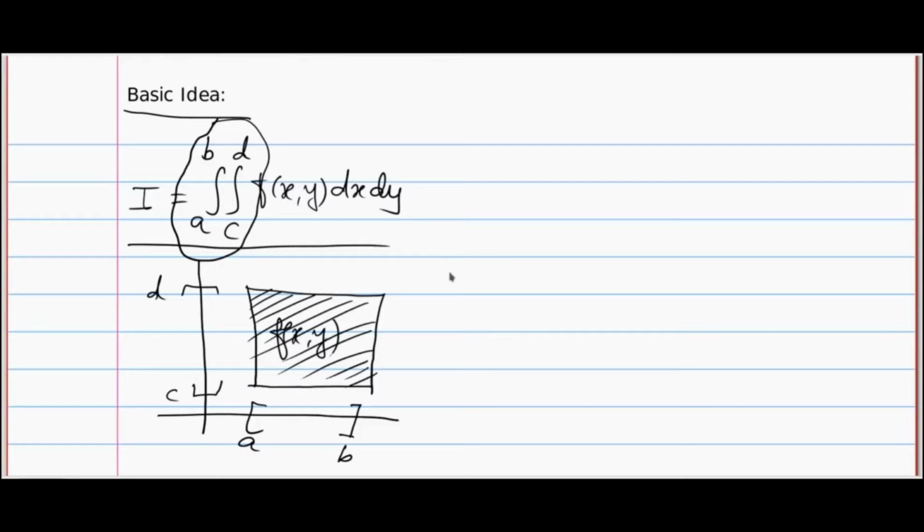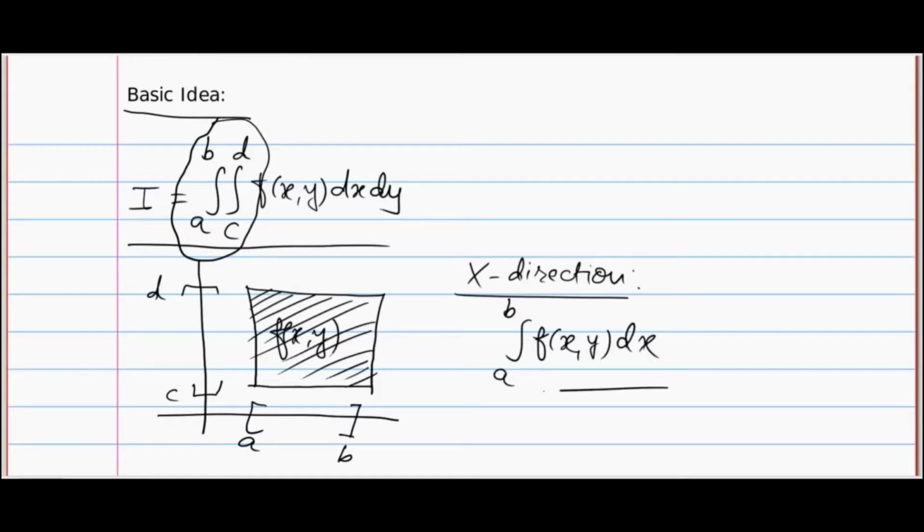Along the x direction, we will integrate with respect to x. In simple language, it is the integral a to b of f of x y dx. What about y here? y is basically a fixed quantity. For example, here y is equal to c.